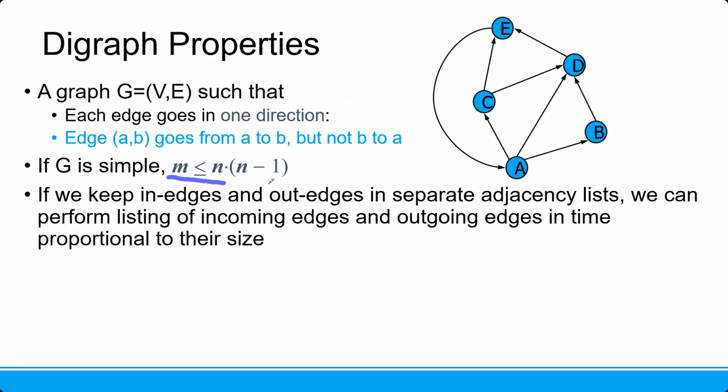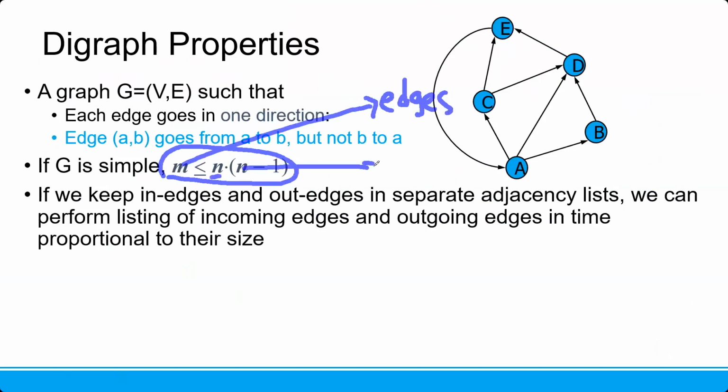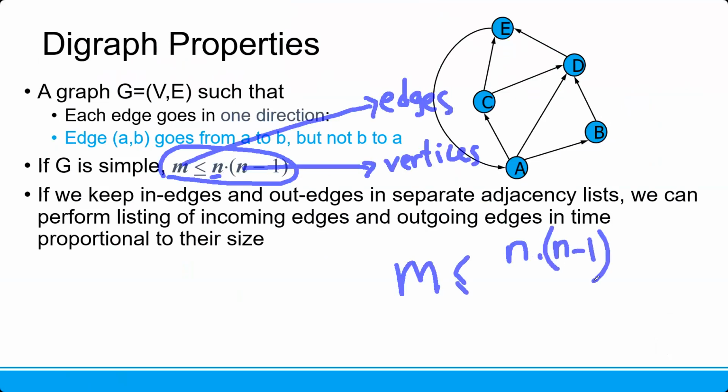We have the properties like this: m is the number of edges, n is the number of vertices. Then the property will be m is less than or equal to n multiplied by (n minus 1).